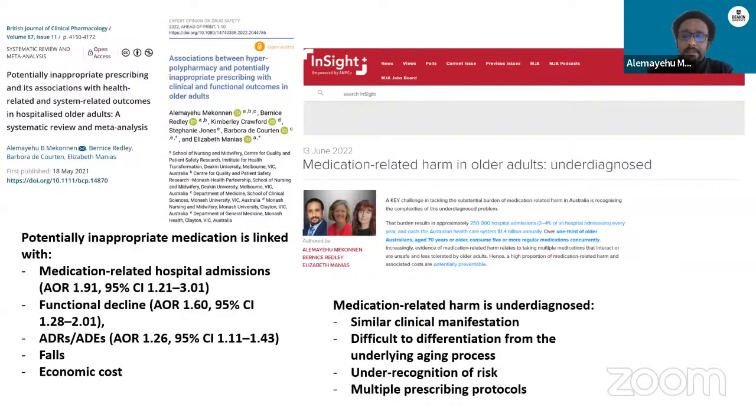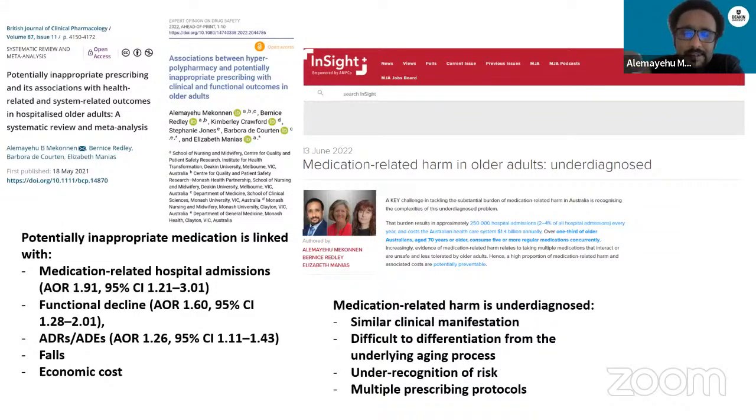Another is under-recognition of risk by the prescribers and the use of multiple prescribing protocols. Usually a single patient may be treated by different physicians: in one hospital for some disease, in another hospital for another case, and in family practice for another.